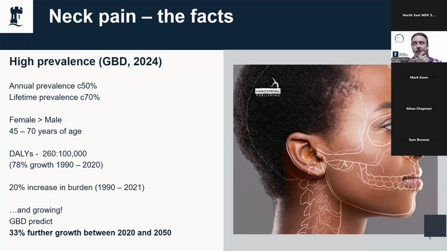And the big thing there is, for various reasons, a very confident prediction that the incidence and prevalence of people with head and neck pain and neck and arm pain is going to grow significantly. There's some interesting thoughts about that. These are the people, females more than males in that mid-age range, with an impact on our quality of life and absenteeism. So it's a highly costly, highly burdensome health condition. That is what we know.